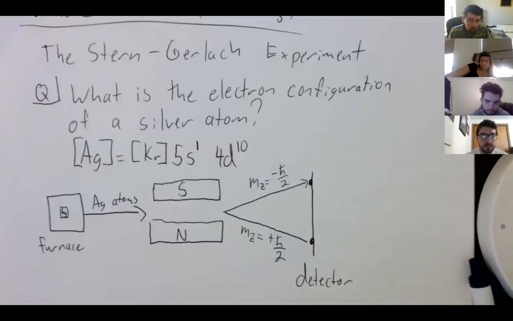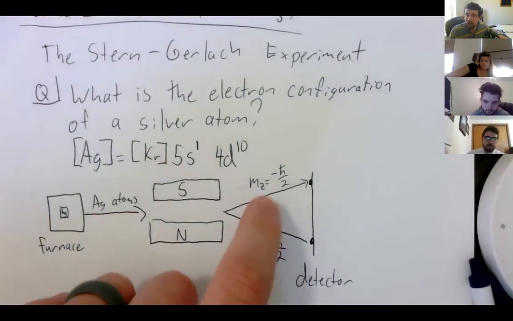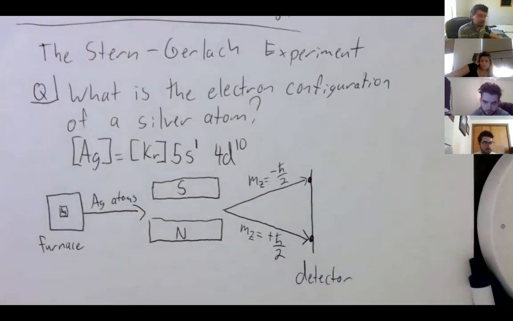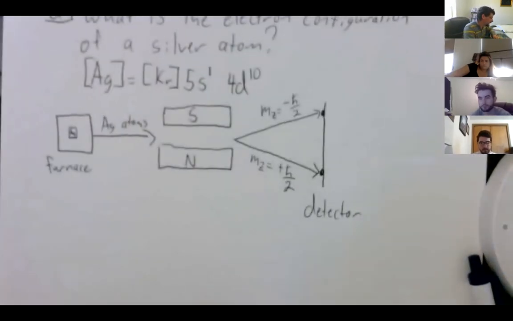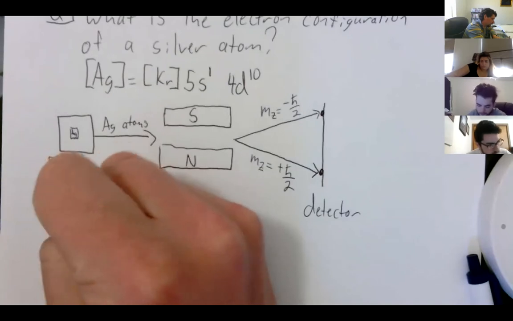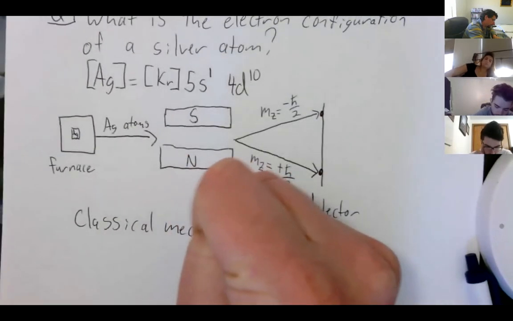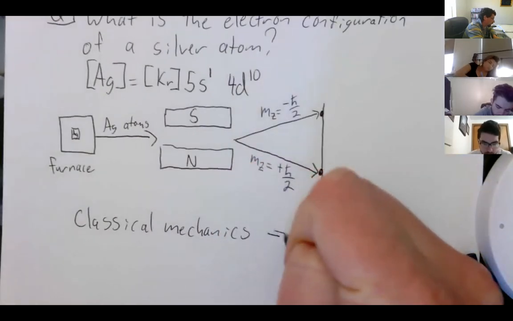So what conclusions do we have? Well, we have that spin itself of the electrons is quantized. In classical mechanics, they would have gotten a broadband.